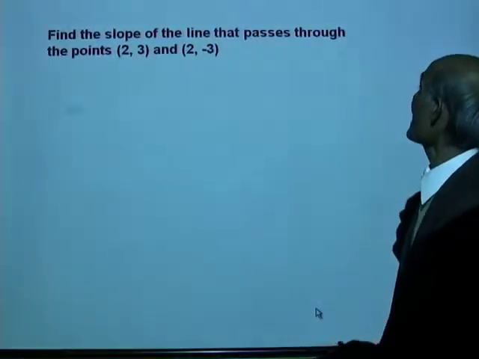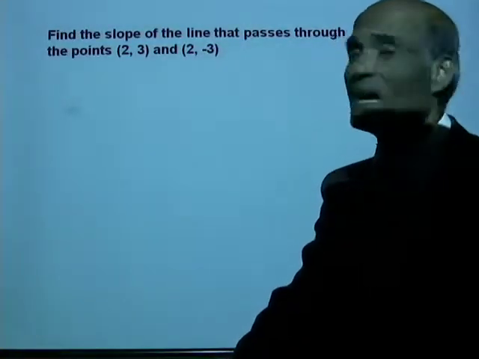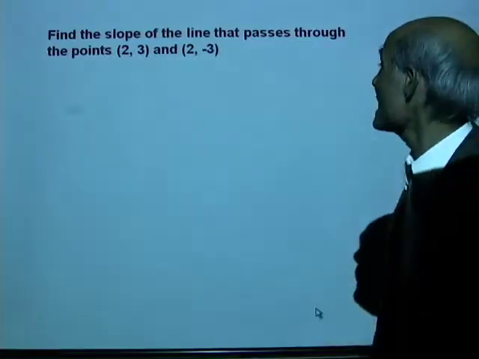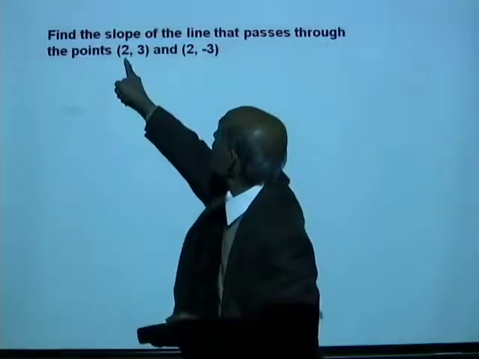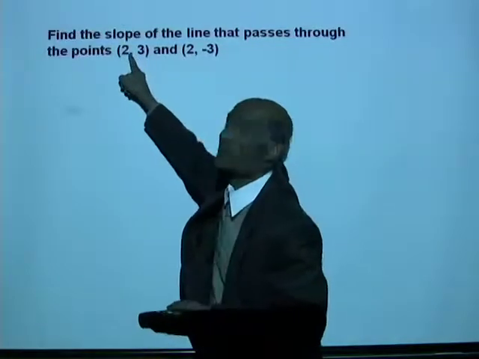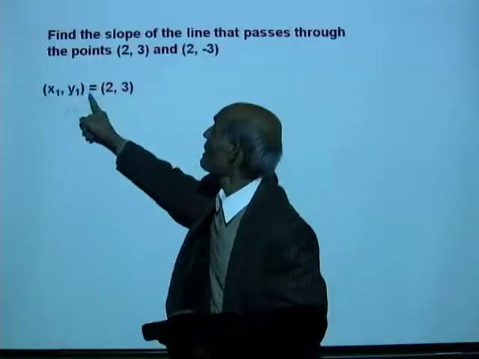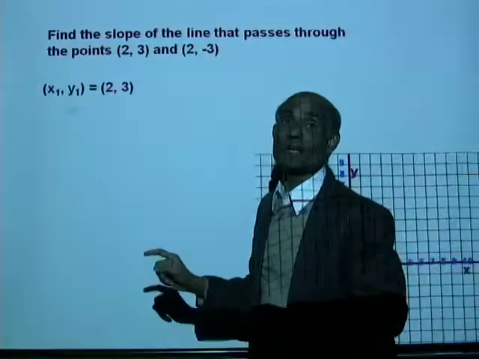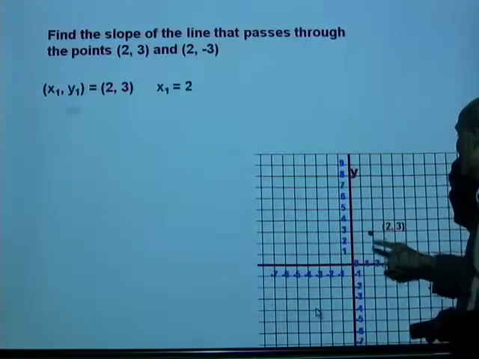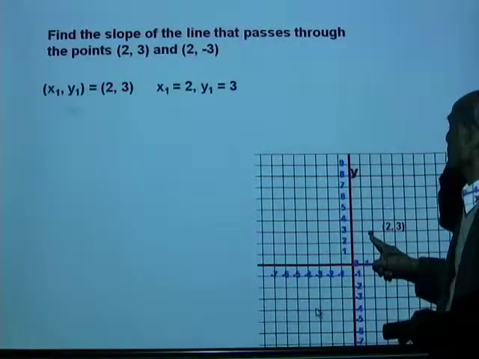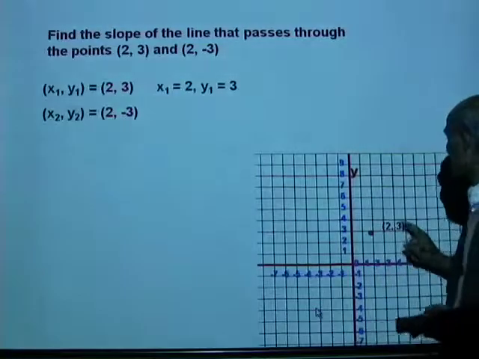Find the slope of the line that passes through the points (2, 3) and (2, negative 3). All right. You can see the x values are the same. Is that right? That's right. So (x1, y1) is (2, 3), and (x2, y2) is (2, negative 3).